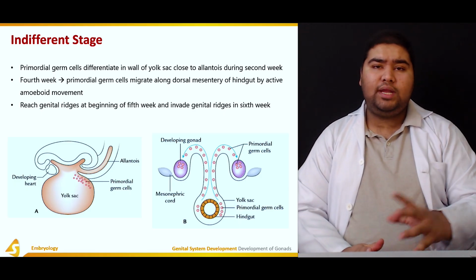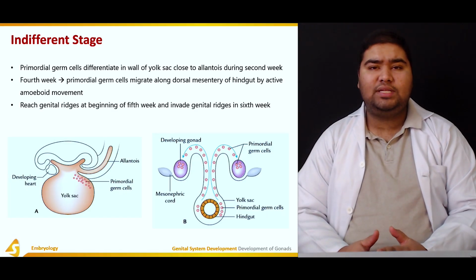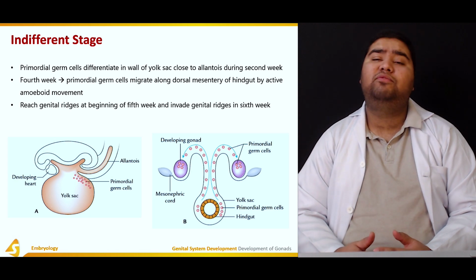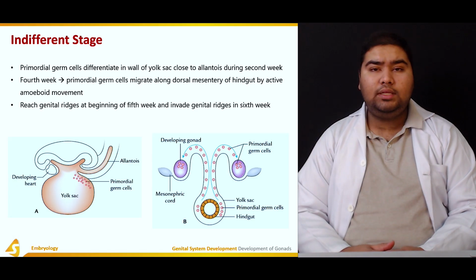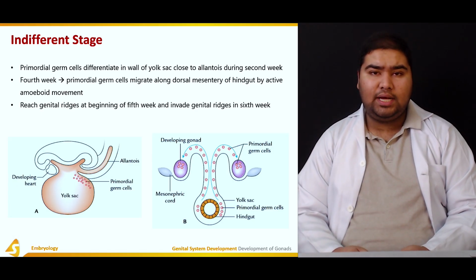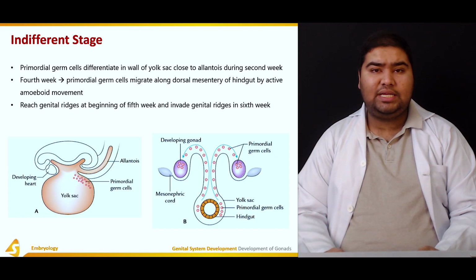So initially, these primordial germ cells were lying in the wall of the yolk sac near the allantois. At the 4th week of development, they start to migrate along the mesentery of the hindgut towards the developing genital ridge.